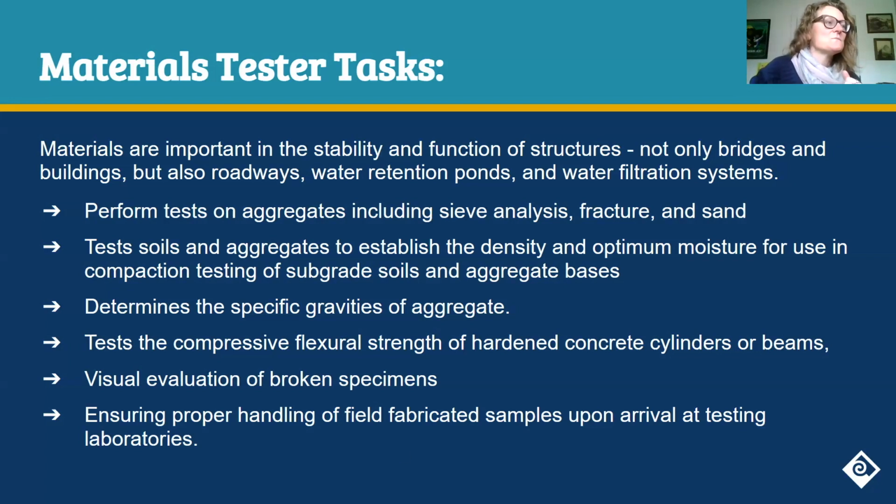This is a pretty fun part of our program. We have a lot of really cool equipment in our lab that gets students right involved in testing the durability and the compaction and the suitability for construction of all of these materials that we rely on to build our structures.